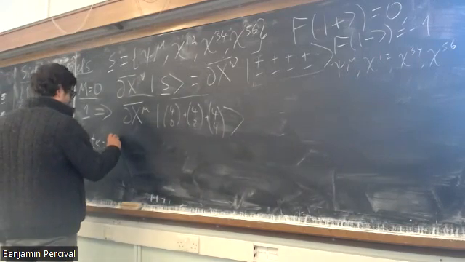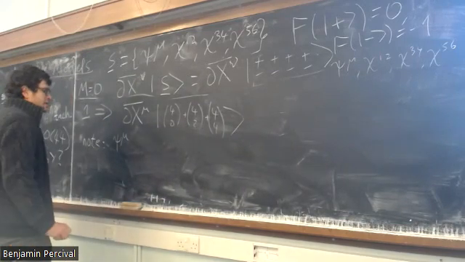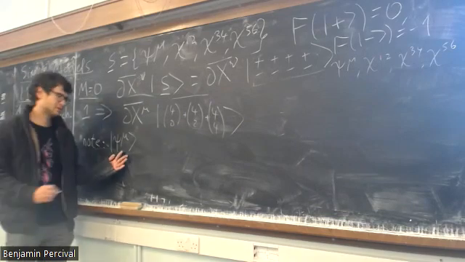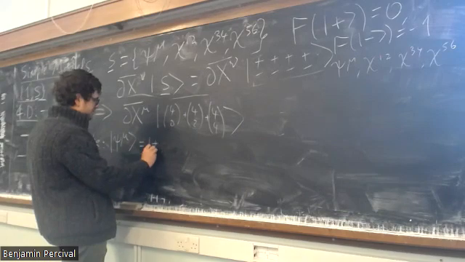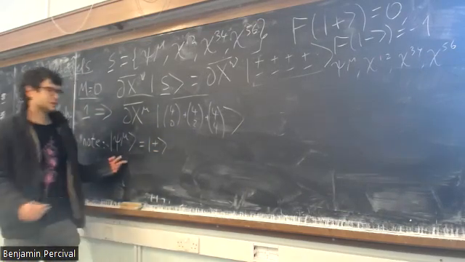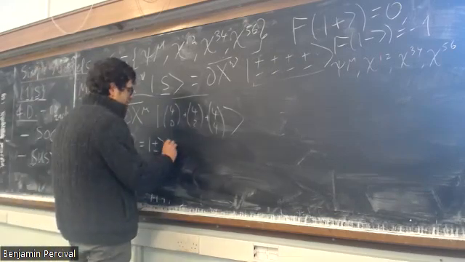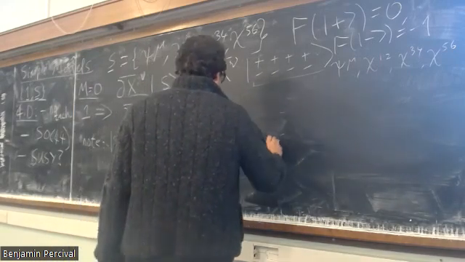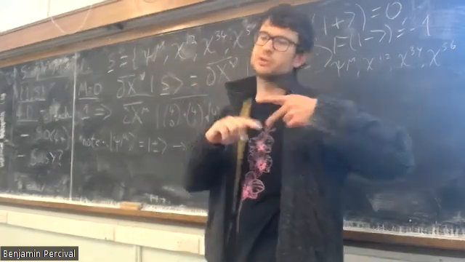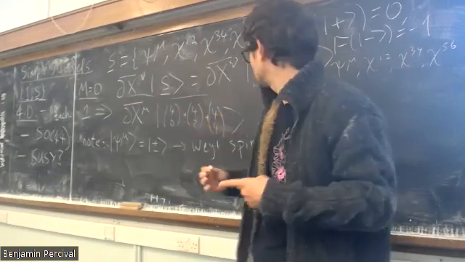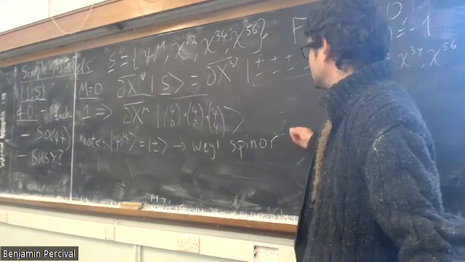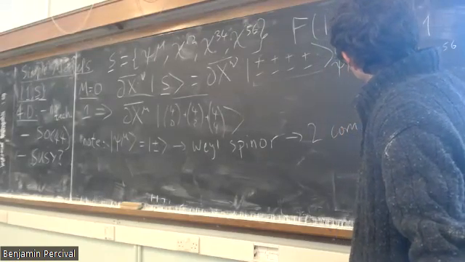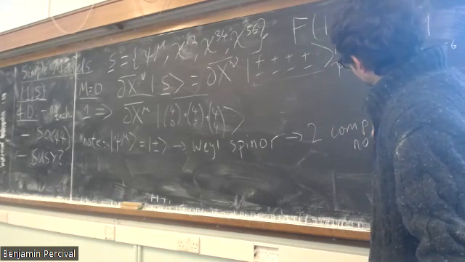So if we write the Ramond fermion vacuum for this, plus minus, this is a space-time Weyl spinor. A Weyl spinor is like a spinor with two components, and the two components are not independent.